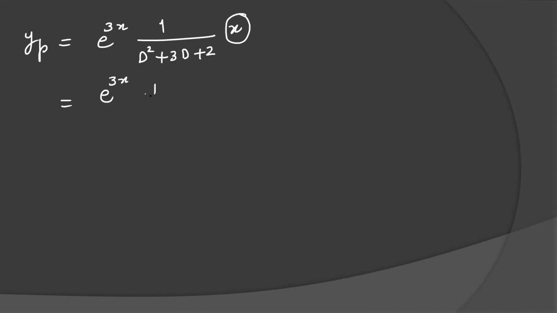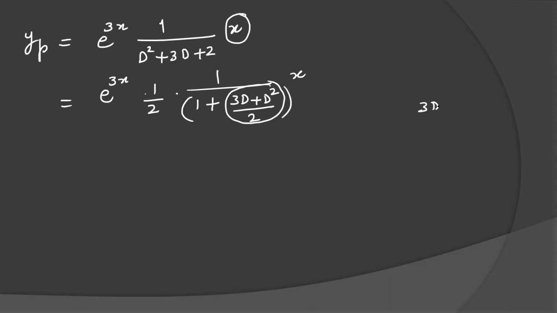So we will take 2 common and write the terms in ascending power of D. So if you take 2 common, it will become 1 plus ascending power, then degree 1, then degree 2, higher order degree 3. So ascending is degree 0, degree 1, degree 2, and so on, by 2, x. Okay. 3D plus D square by 2. Let this be equal to the small p.